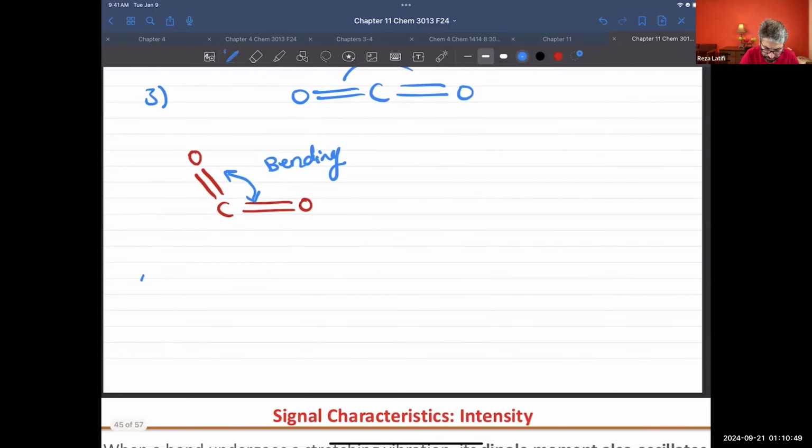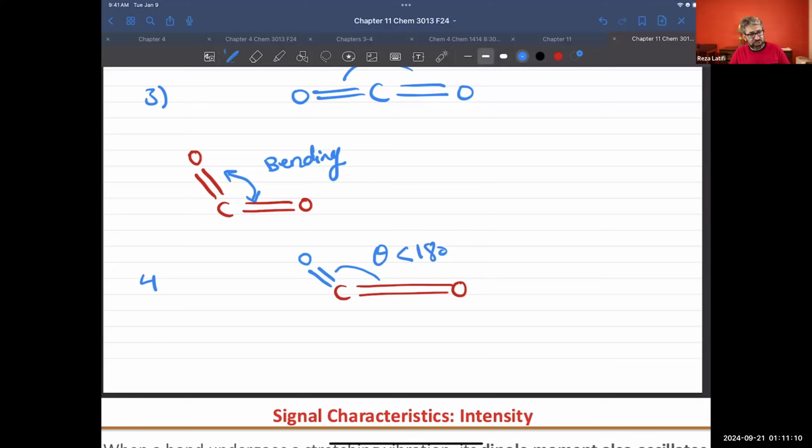While the bond angle is changing, one of the bonds is getting bigger, and let's say the second one is getting smaller. And yes, the bond angle is also getting less than 180.